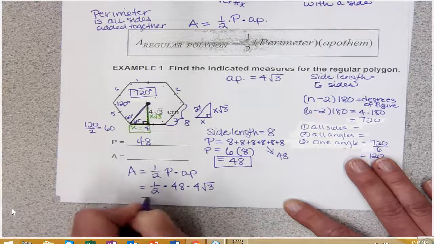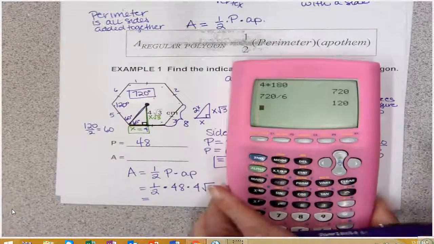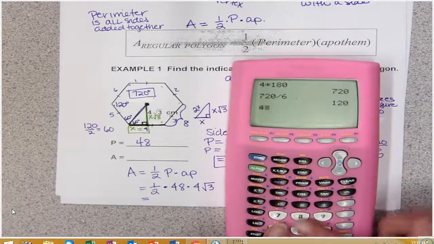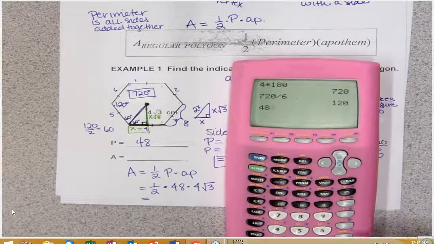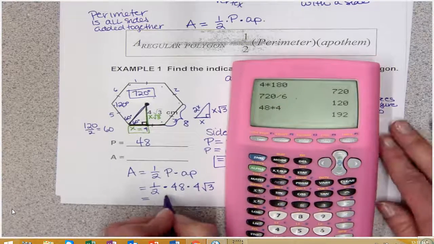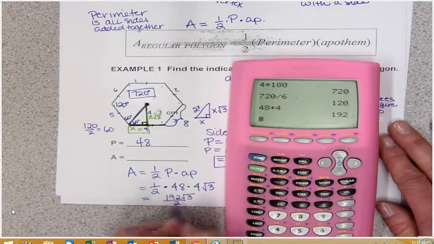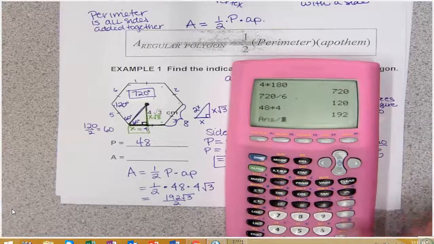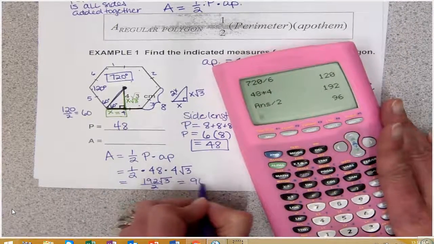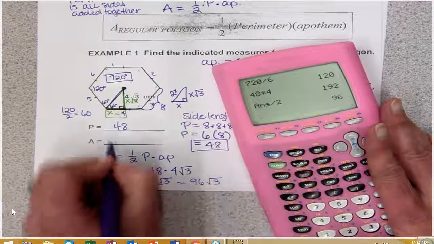When I multiply it out, I get 48 times 4 is 192 square root of 3 divided by 2, which is going to equal 96 square root of 3.